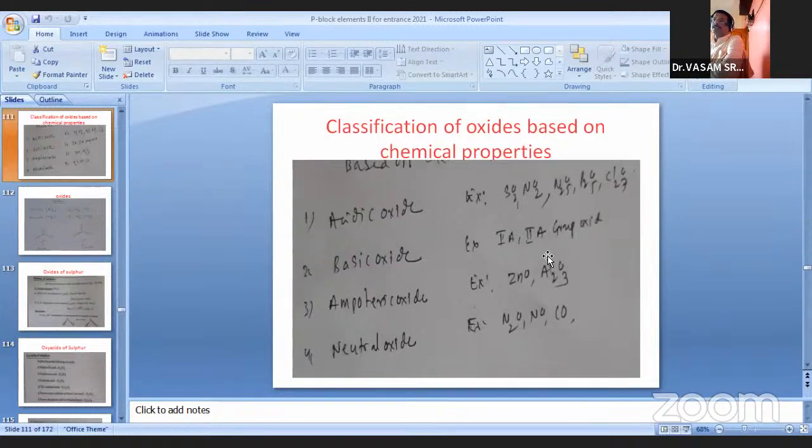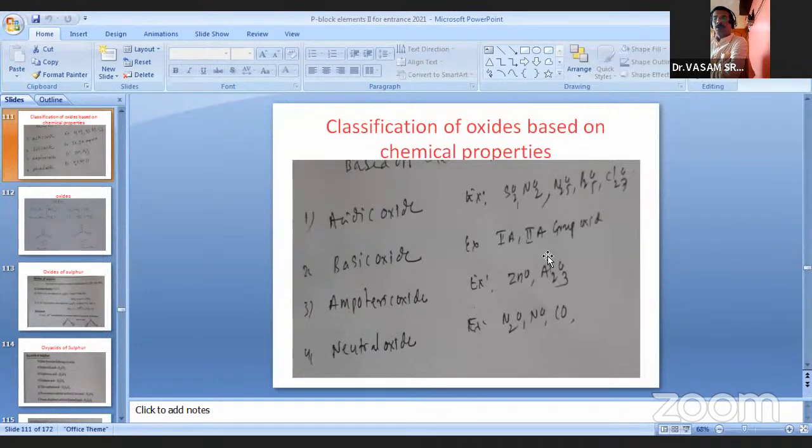Basic oxide means oxides which, when dissolved in water, produce basic compounds, with pH value above 7. That's why they are called basic oxides. For example, take sodium monoxide Na2O; when dissolved in water, it gives NaOH, sodium hydroxide, a basic compound, with pH value above 7.